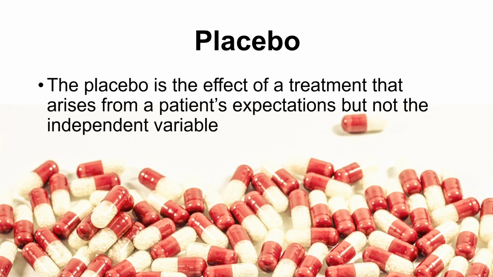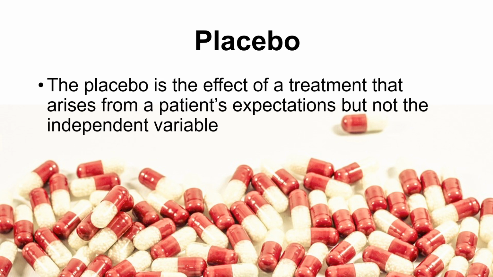The control group, by not receiving anything, knows they're in the control group, and their behavior may change depending on that. On the other side of things, the experimental group got that drug, and therefore they know they're in the experimental group.